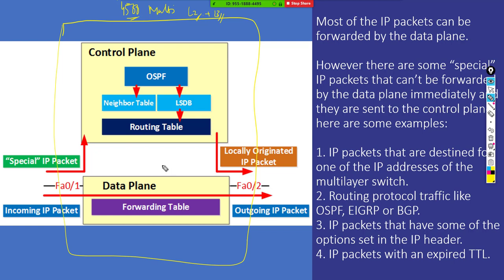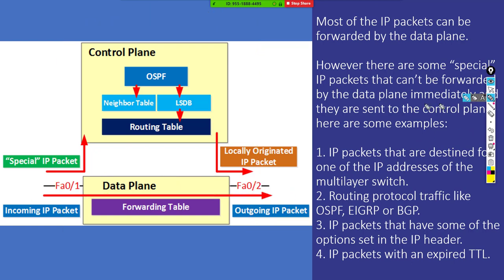Usually in most scenarios, let's say on this switch port I have computer A connected, and on this port I have computer B. Computer A is sending some packets to computer B. Usually that will be taken over by the data plane. Very simple.